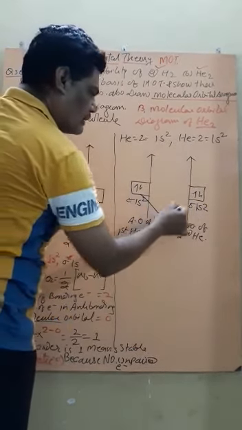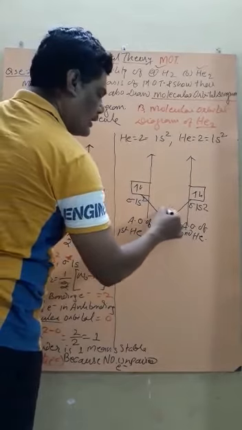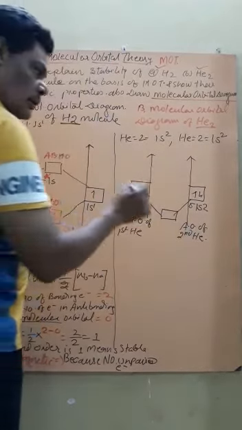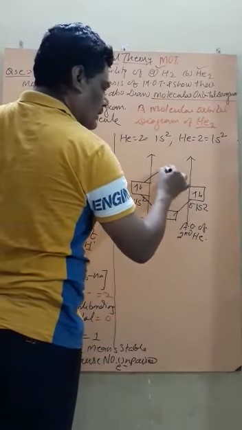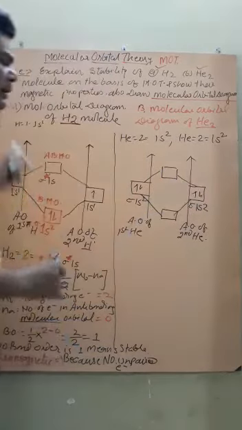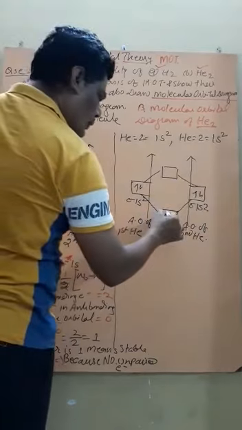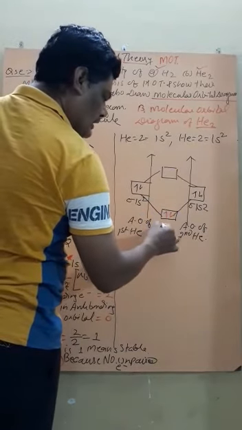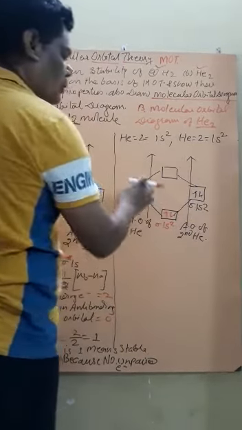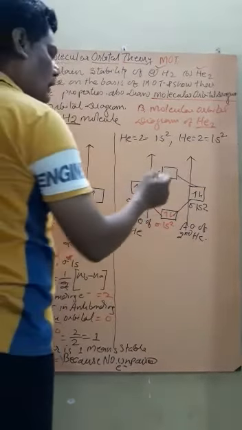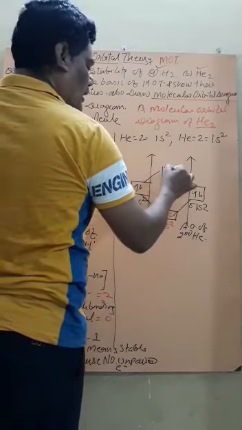Now the first electron of each will combine to form one molecular orbital, and the second will form the second molecular orbital, but the first one will be constructive. Therefore it is denoted by sigma 1s2, while the 2 more electrons, one from each orbital, will form the anti-bonding molecular orbital.